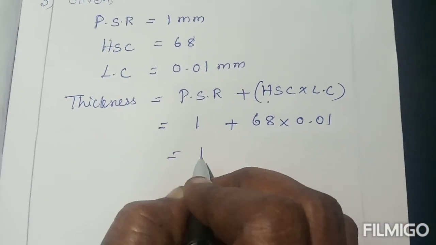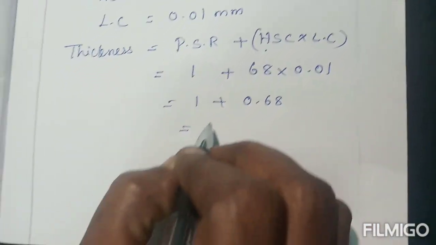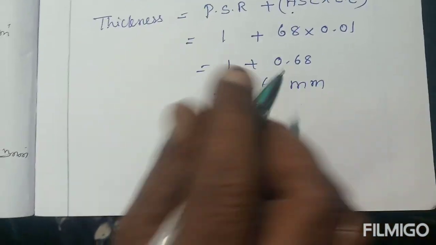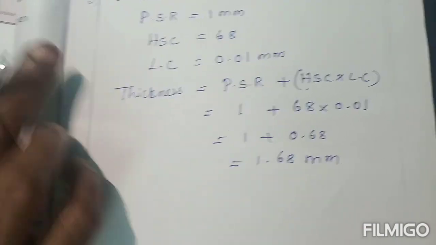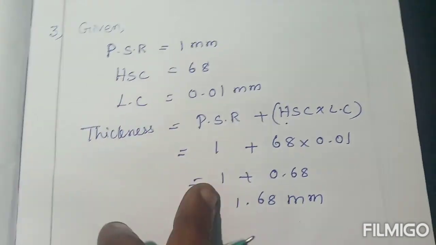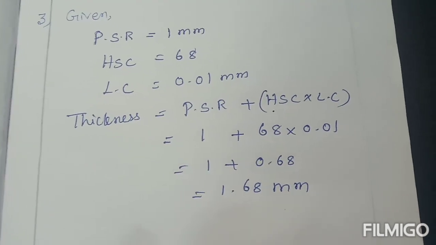So you'll get 1 plus 0.68. So the value is 1.68 millimeter. So this is the third question. Okay, very easy problem. What is given? Then formula, substitute, and write the answer with the unit. Okay, students.